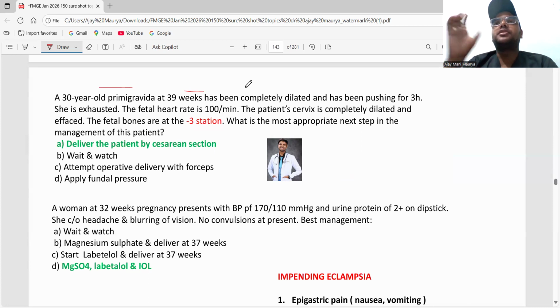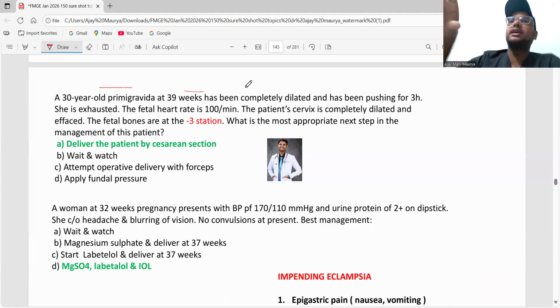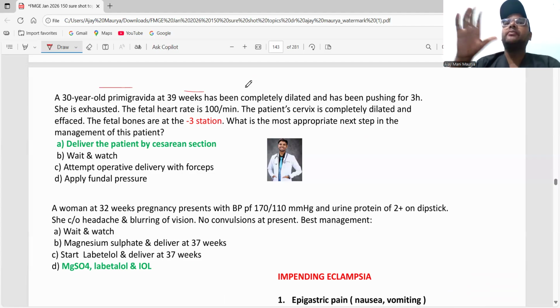Oh my god, pushing for 3 hours. Fetal heart rate 100. The cervix is completely dilated, and the fetal bones are at the -3 station.